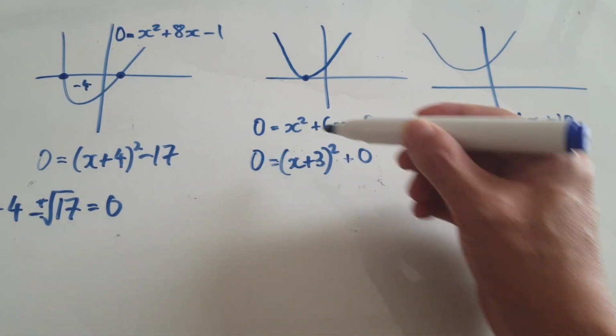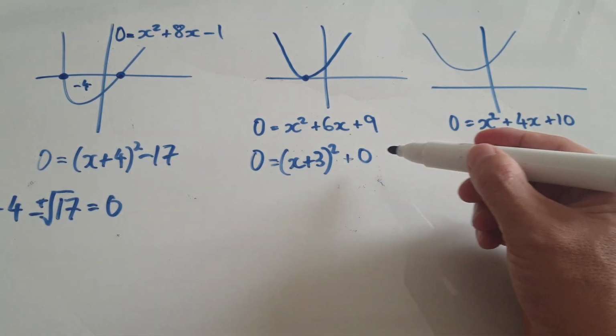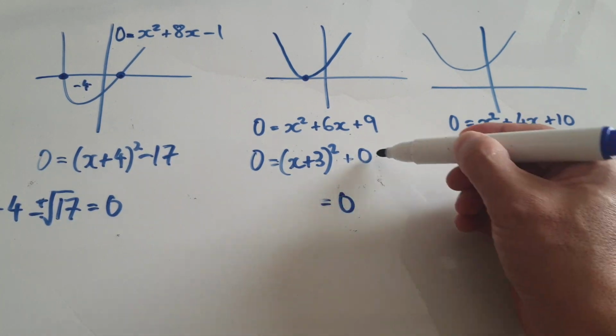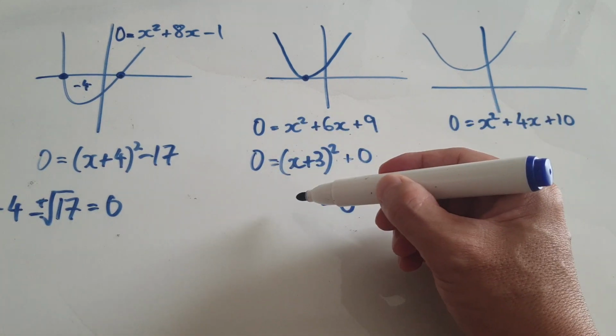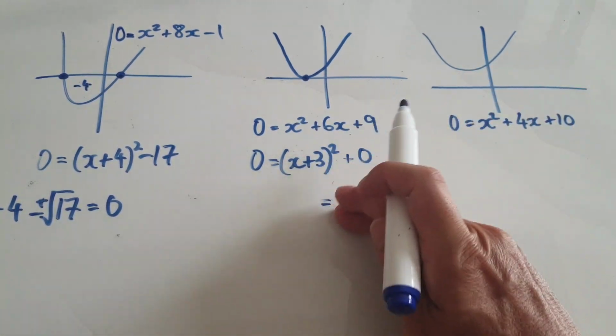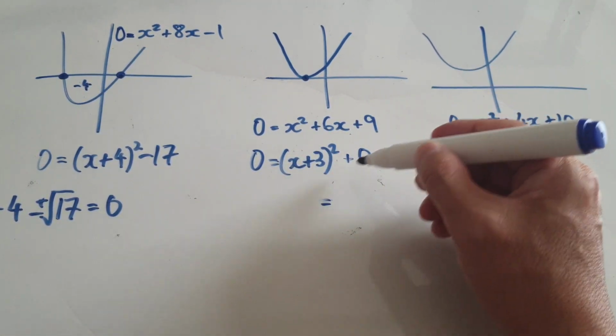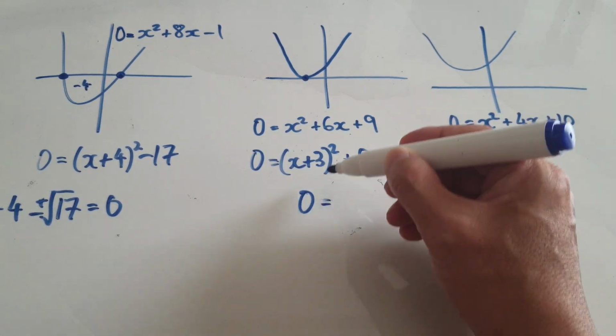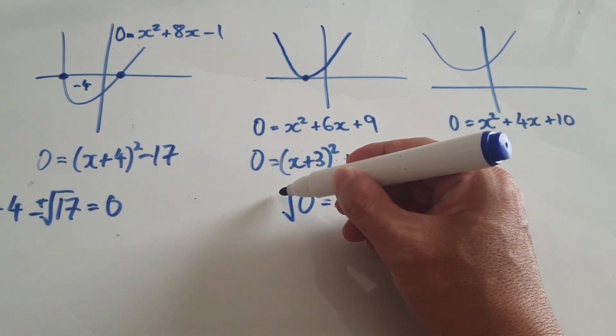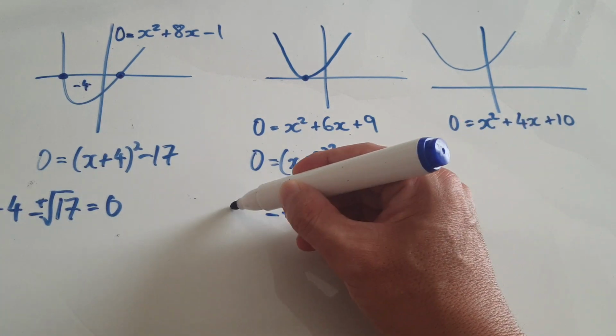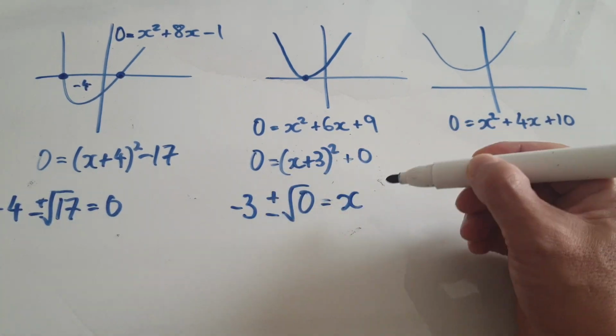So now rearrange this to make x the subject. You would take away 0 from both sides, so that would then become 0, and then square root both sides. You get two versions, and then you take away -3. So that gives you your x.